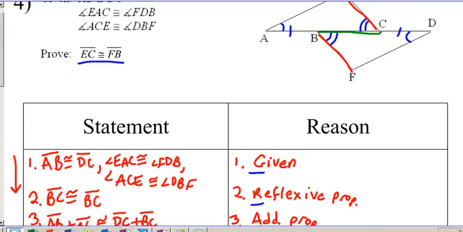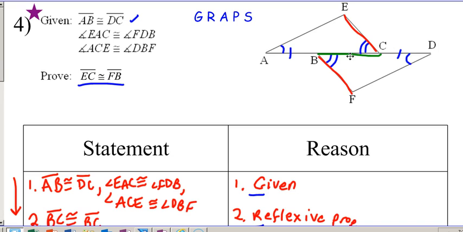Now we're ready to do the next part. We're ready to talk about the two triangles being congruent. We have an angle to an angle, a complete side to a complete side, and an angle to an angle. So these two triangles are congruent by angle side angle. We have triangle ACE. That's the single tick to the double tick to no tick to DBF.